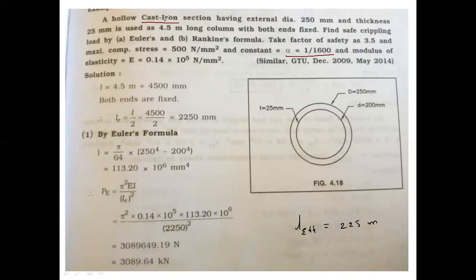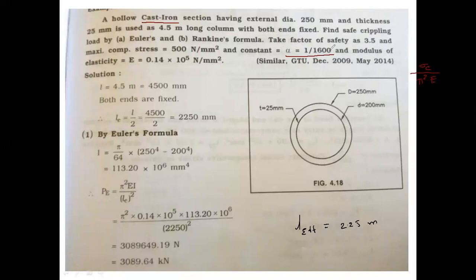In the problem itself, it is given as cast iron. If the Rankine constant is not given, you have to calculate it from the formula sigma c by pi square into E. For that you have to know the compressive stress and the Young's modulus also.